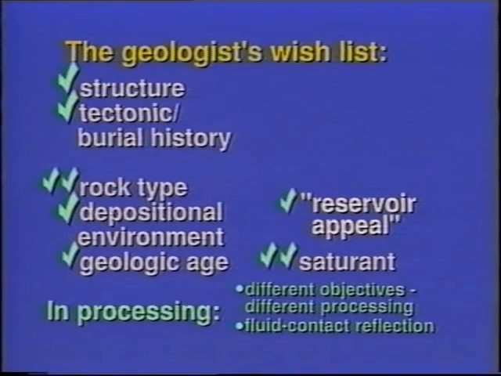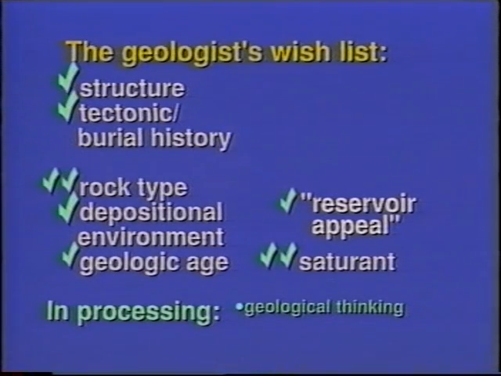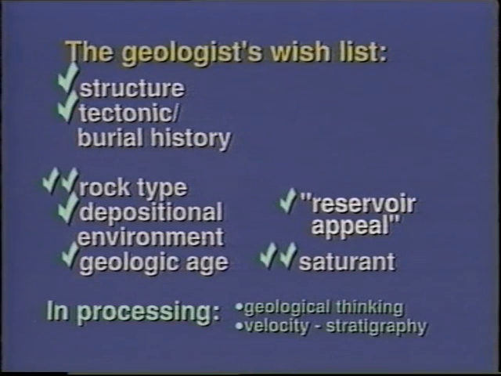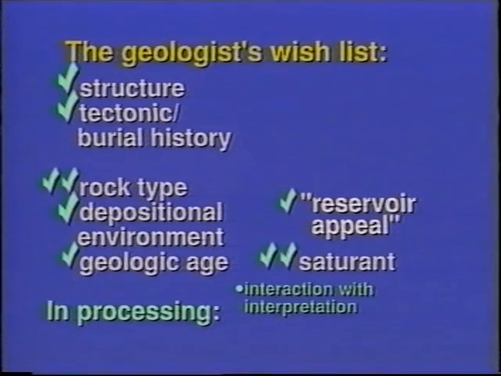Also very important is that geological thinking must go into the processing. Velocity picks and velocity smoothing must honor the stratigraphy and depositional environment evident on the emerging section. And the processing becomes more and more interactive.